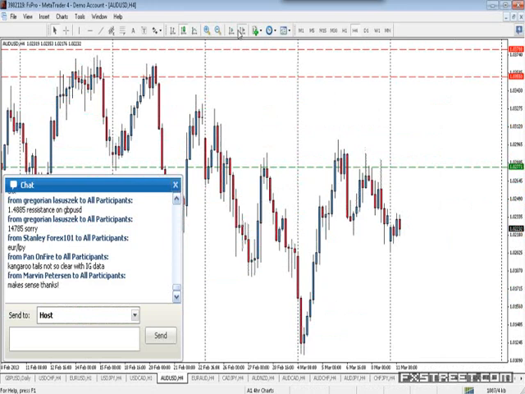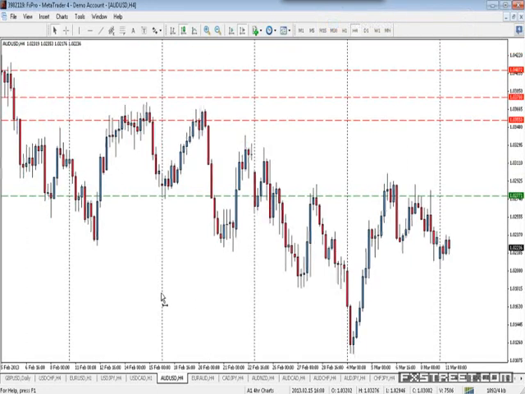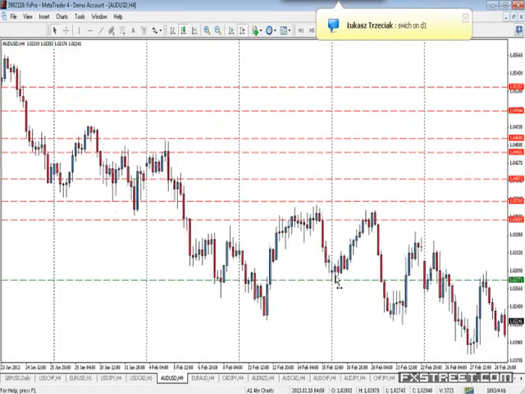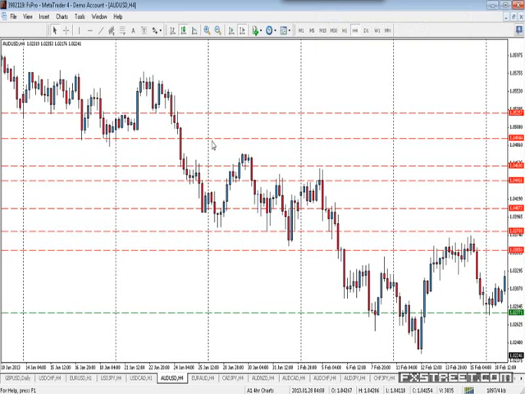Oh, I know what I wanted to talk about. Sometimes people get sucked into this idea that a really tiny Kangaroo Tail is the way to go because your stop is so close. I don't buy that. I've tested it, and I've actually found that the longer the Kangaroo Tail, the more likely it's going to work.